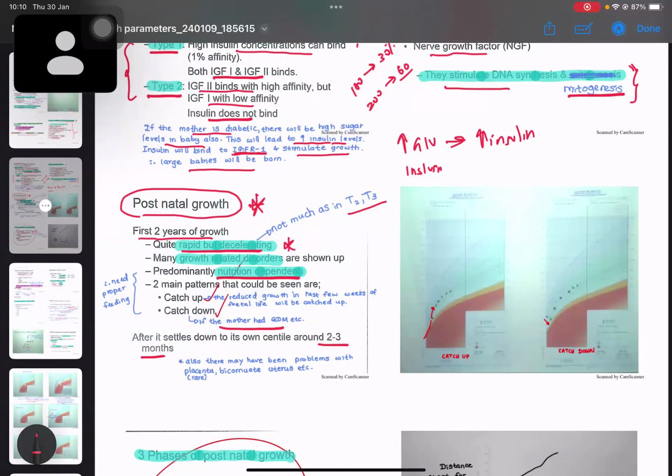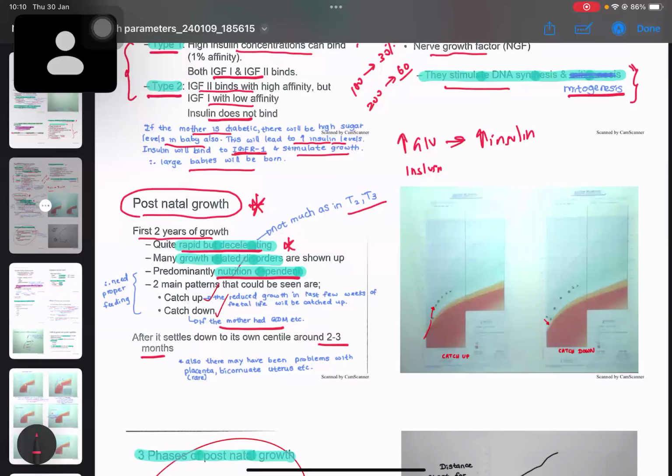The fastest growth always happens in utero, not after birth. But still, the first 2 years after birth are a phase of rapid growth. But in the human lifespan, the fastest growth phase is the in utero phase, which is the first, second, and third trimester.